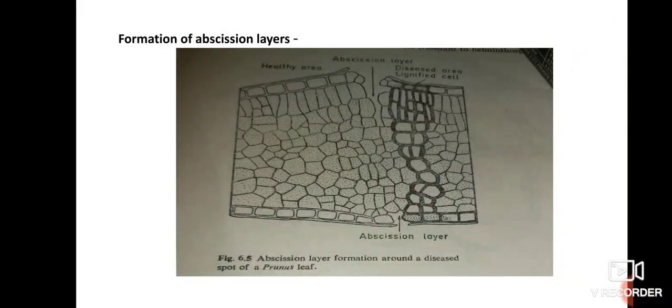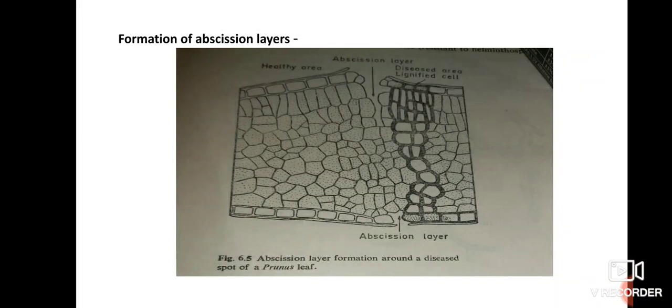Next one is formation of abscissal layers. In several fungi, as a result of infection, bacteria and viruses, abscissal layers are formed in the young active leaves of stone fruits.